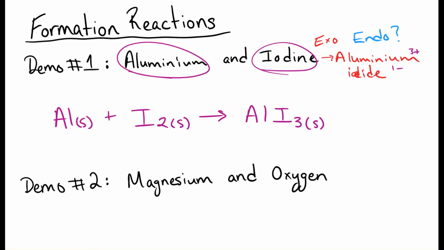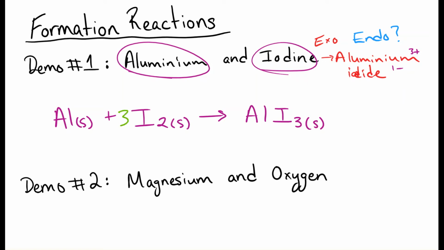We haven't balanced it yet, but we've got our skeleton reaction. So 1 aluminium is not going to react with 1 iodine to make AlI3. That's not going to work. So let's go ahead and balance this reaction. The most complicated element in here is iodine, because you've got 3s and 2s.